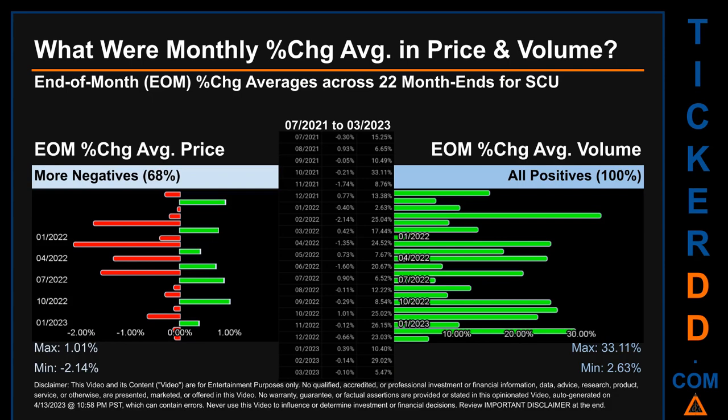That is 100% of month ends saw a positive percentage change in average volume. Price saw an end-of-month max of 1.01% in average percentage change along with a minimum of minus 2.14%. For volume, the maximum and the minimum monthly percentage change were respectively 33.11% and 2.63%.